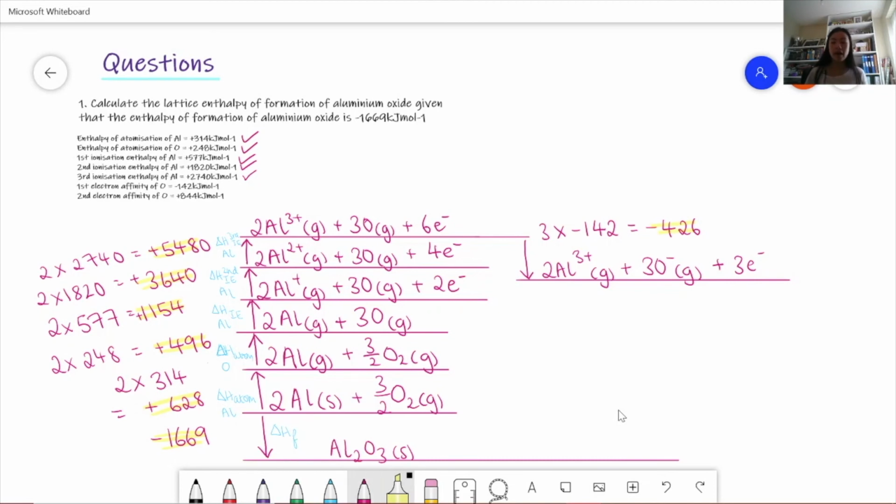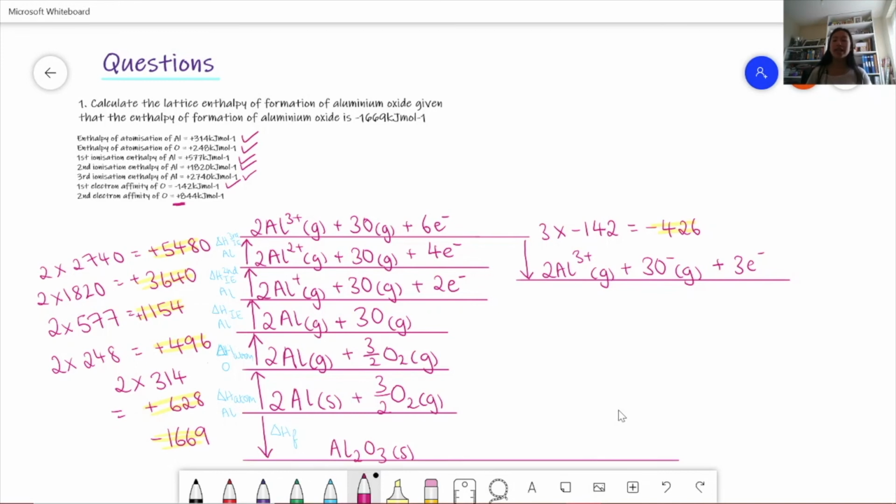And then we look at the second electron affinity of oxygen, and it's really important to note that this is actually endothermic, and the reason being is because the first electron affinity is when we add an electron to an atom, but the second electron affinity is when we add an electron to an already negative ion, a -1 ion, and so it requires lots of energy.